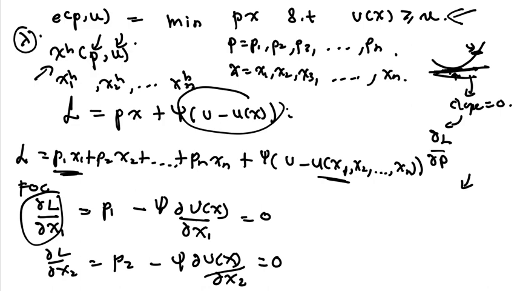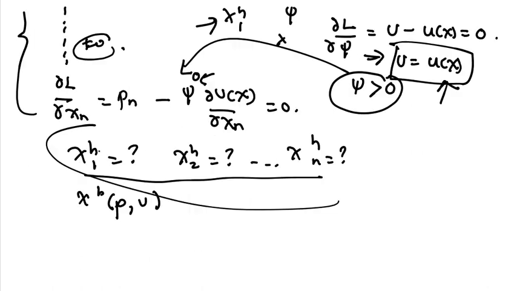So when we go through this, we need to look at the Lagrangian function of the minimizing process here. Then we did find the FOC for x1, x2, until the last good xn.